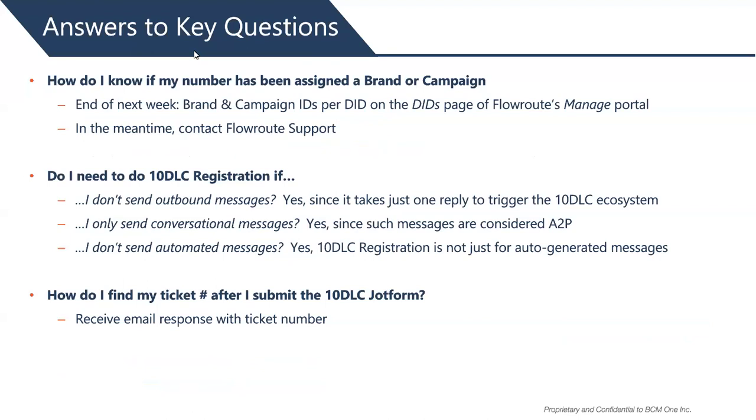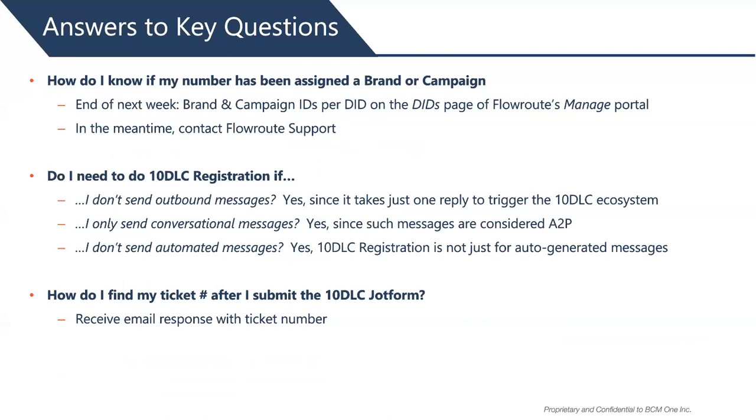There's been some question around how would I know that there is a branded campaign associated with my numbers. By the end of next week, in Flowroute's managed portal, in the DIDs section of the managed portal, you will be able to see on a DID basis whether or not there is a brand and campaign ID associated with your particular DID.